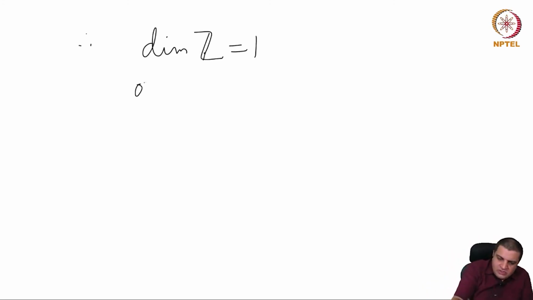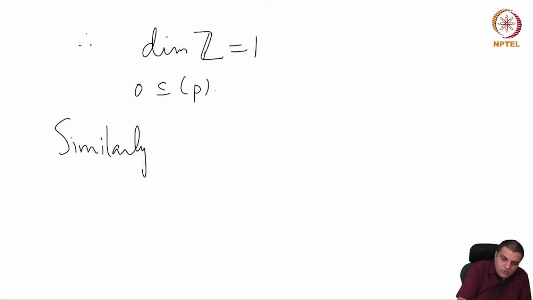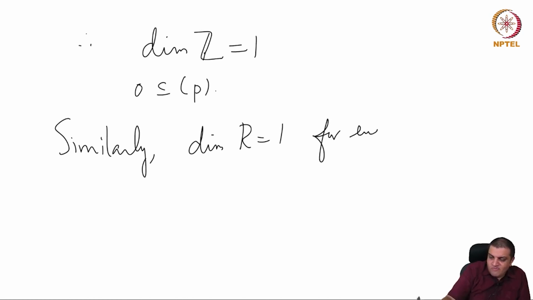Which means this is always a chain, and you cannot do anything better. You cannot insert more elements in the middle, so you cannot extend it any further. Similarly, the dimension of R equals 1 for every PID.